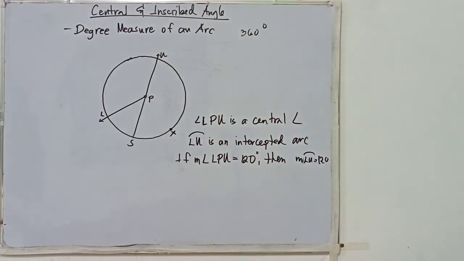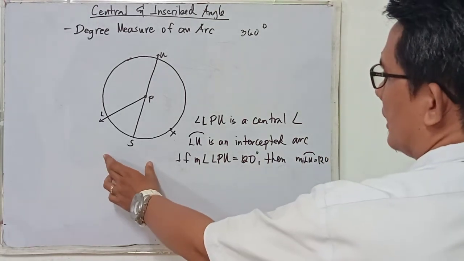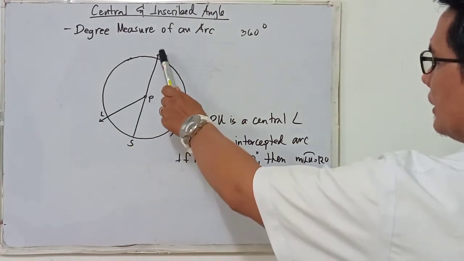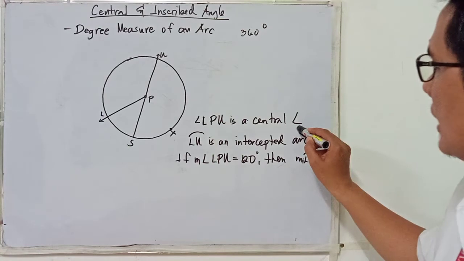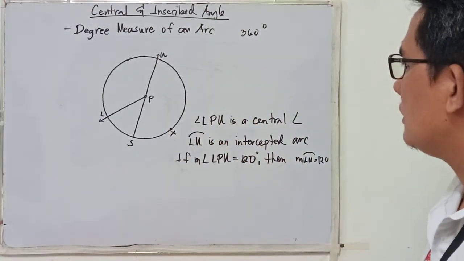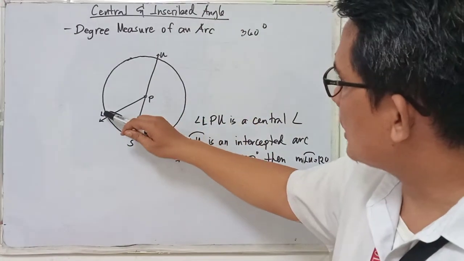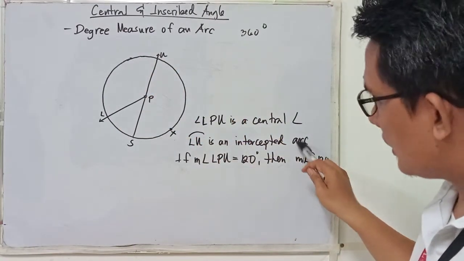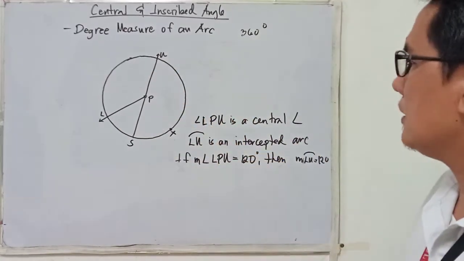Using our figure here, we have again angle LPU. Angle LPU is a central angle since the vertex is at the center. Arc LU, this arc here, is an intercepted arc of our central angle.